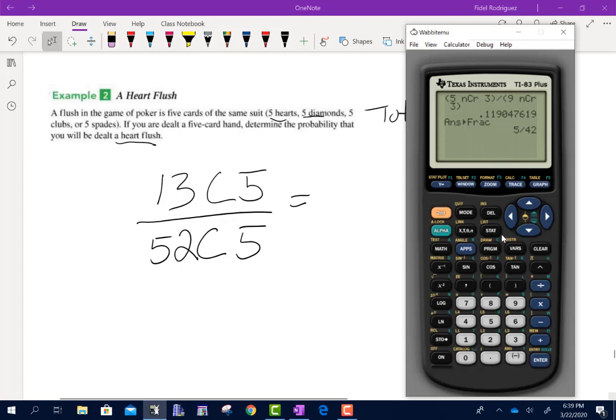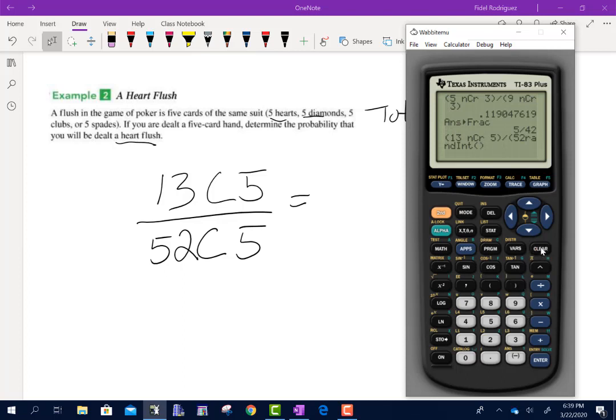Grab my calculator again. So I'm going to go parentheses, 13, choose 5, divided by, parentheses, let's go 52, math, choose 5, close that up.